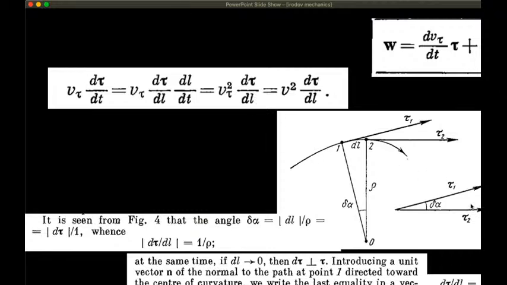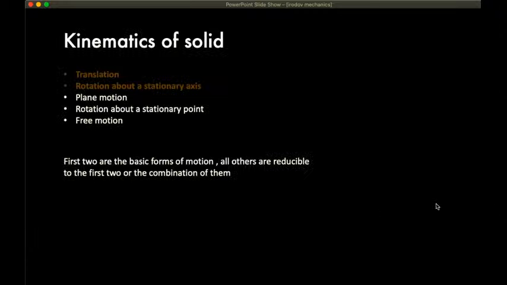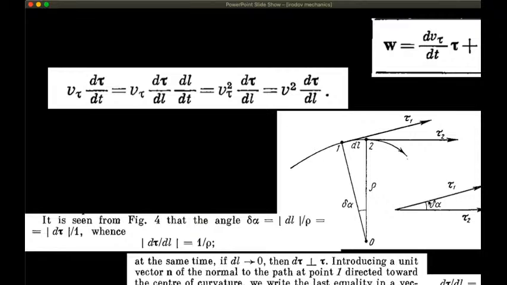If you look here, this value d tau and the angle alpha, d alpha here, which is essentially the change in the angular, the radial positional vector d alpha, that would be the same thing here as well, d alpha. So therefore, if I have to define d tau by dl, as you can see, tan alpha will be equal to d tau by tau, which is the tangential vector.